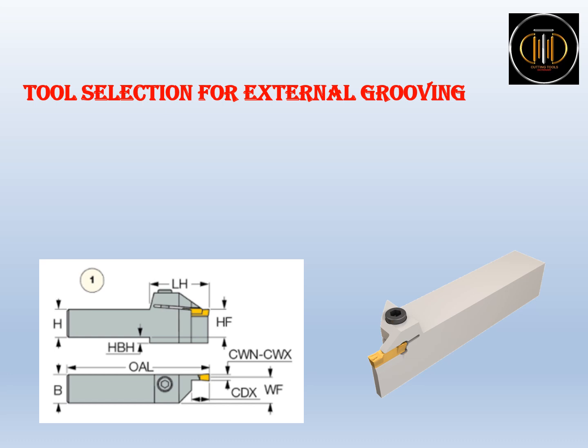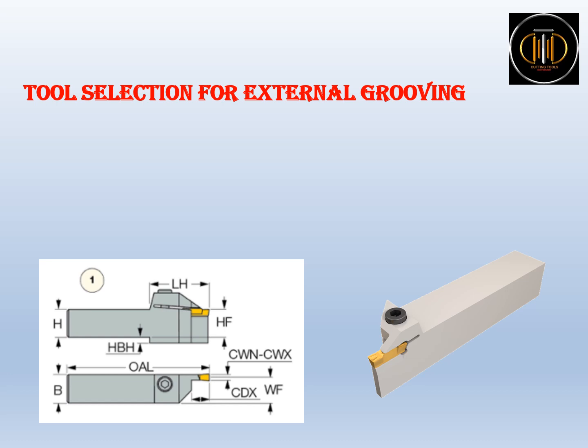Let's learn about tool selection for external grooving. There are two types of grooving, as you know, external and internal. First we will discuss external grooving. How is the tool selected for external grooving?